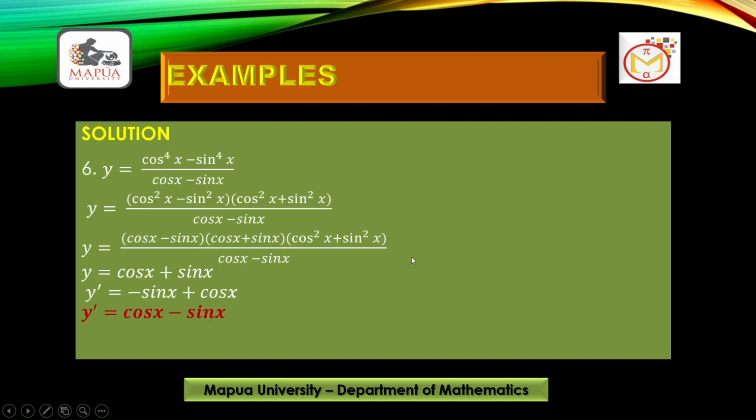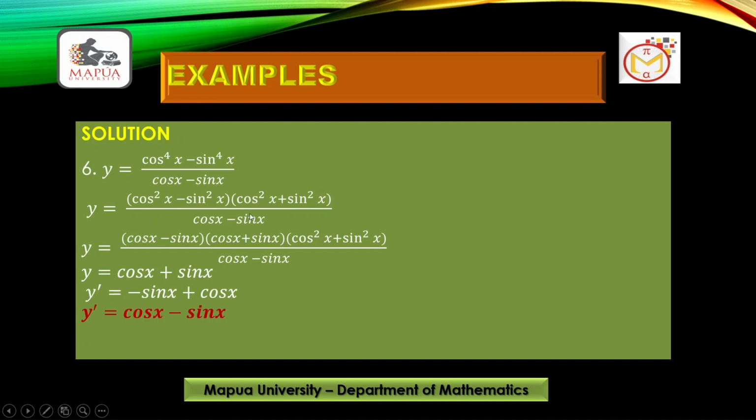For our number 6 example, we have y equal to cosine to the 4th x minus sine to the 4th x over cosine x minus sine x. Now, we will use an algebraic solution here because the numerator can be factored as cosine squared x minus sine squared x times cosine squared x plus sine squared x.